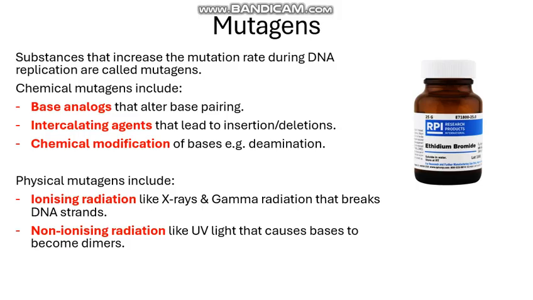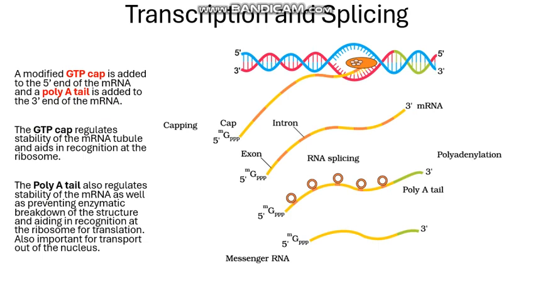We add the ethidium bromide in the ionic solution that we place over the gel when we're running our samples.